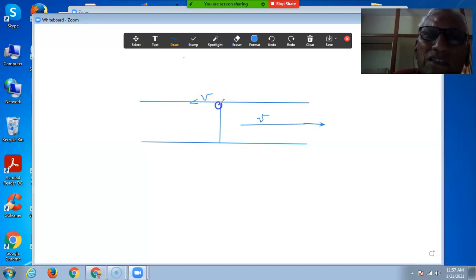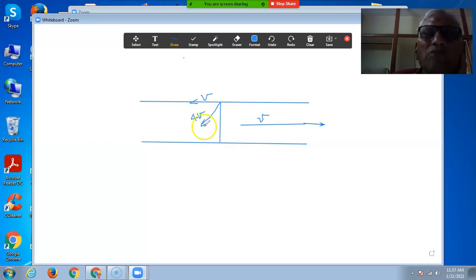So the net speed of the boat is 4v. Then the boat crosses the river due to the vertical component of its speed, and we can call the other the horizontal component.